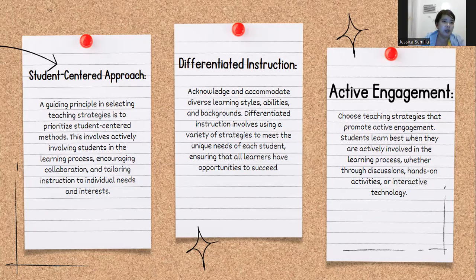The next one is active engagement. What do you mean by active engagement? This creates and promotes teaching and learning in a practical setup, and therefore creates a hands-on experience through your discussion, and of course it is interactive, in terms of putting in technology. What is the purpose of active engagement?